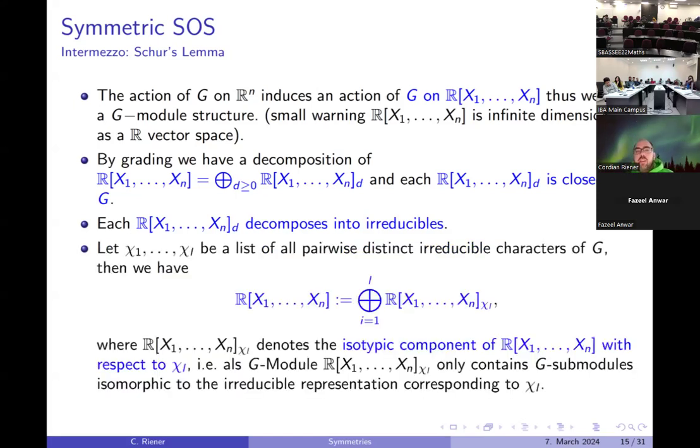So in the end, we get a decomposition of my polynomial ring in terms of these isotypic components that we also had mentioned in the second lecture a little bit. The important thing is I can write the polynomial ring as a direct sum of these isotypic components, and we have already seen that these isotypic components themselves are free modules over the invariant ring.